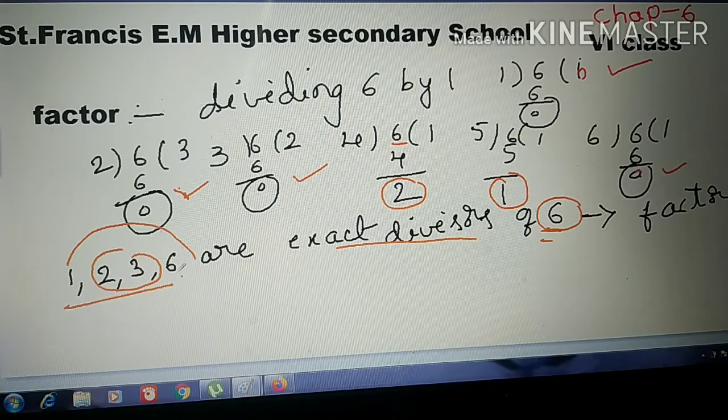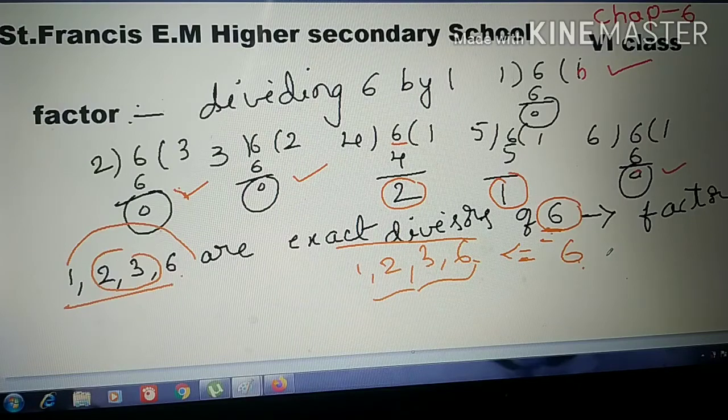See, 1, 2, 3 and 6. What is our number here? 6. All the factors are less than 6 or equal to 6. Understood this one? So these are the things about factor.